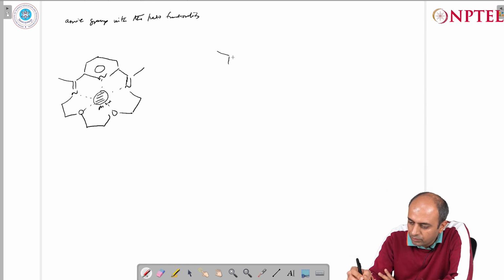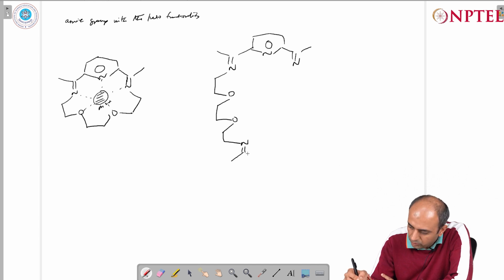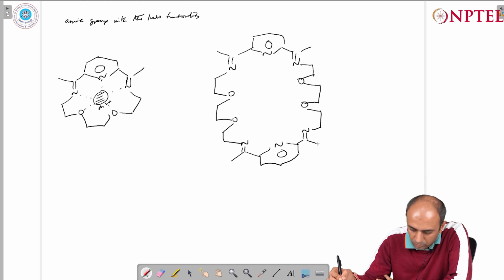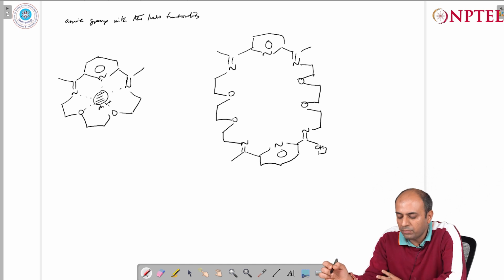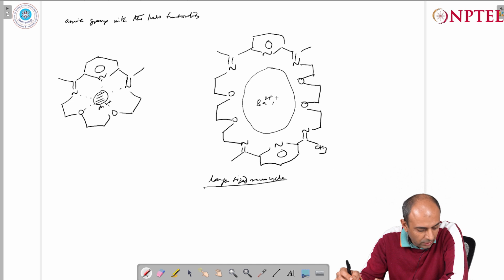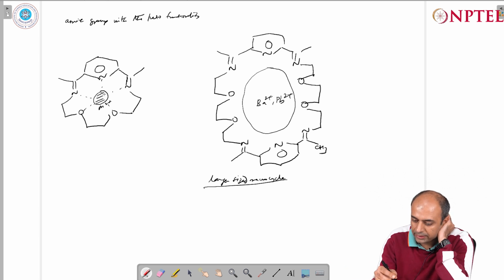And in the second case, it is going to form a much larger sized macrocycle, in which my large cation like barium 2+ or lead 2+ is going to sit, whereas here the relatively smaller size cation is going to occupy.